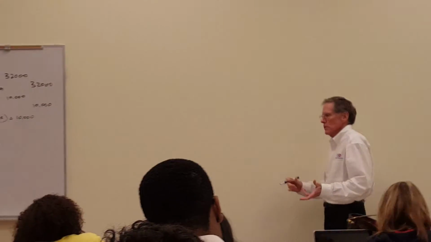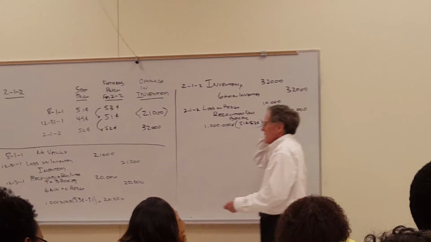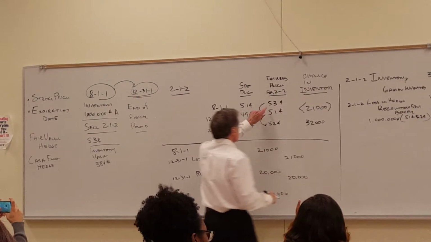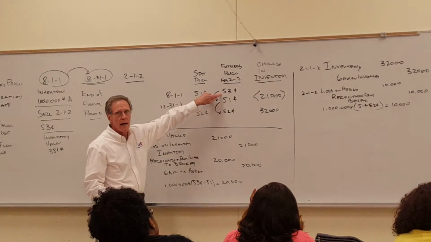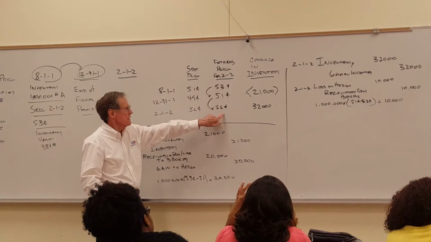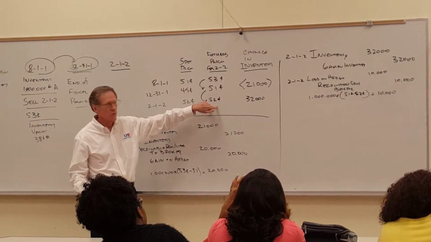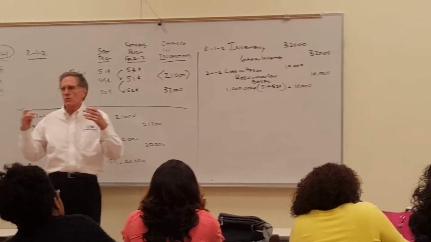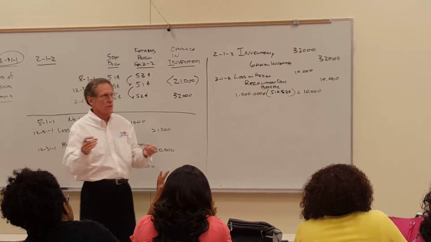And what you can look at is that the cumulative effect is the difference between selling something at 53 cents and buying it back at 52. So we want to conclude that contract.